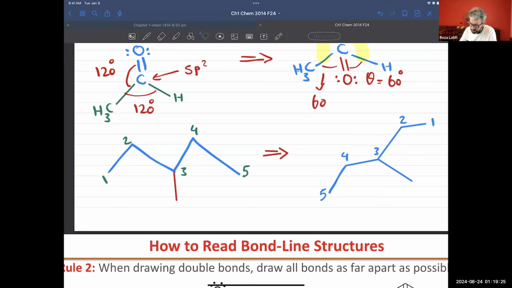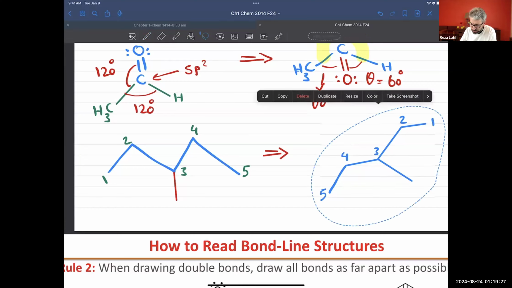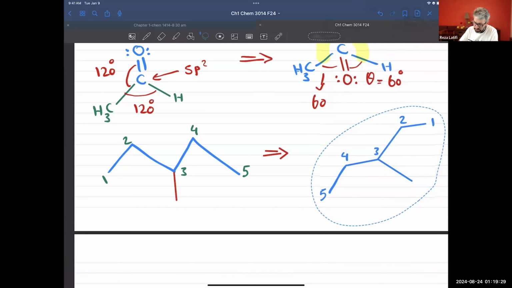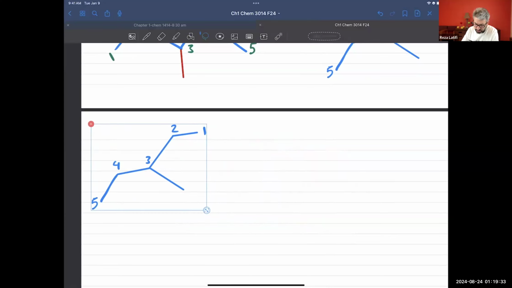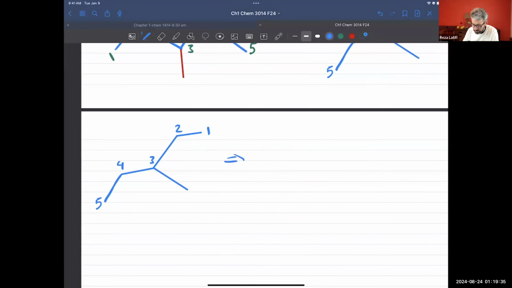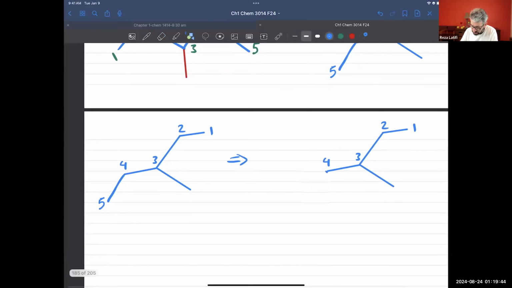Or you can actually change direction on number 5 and draw it this way. You remove that number 5 and draw it in this direction.